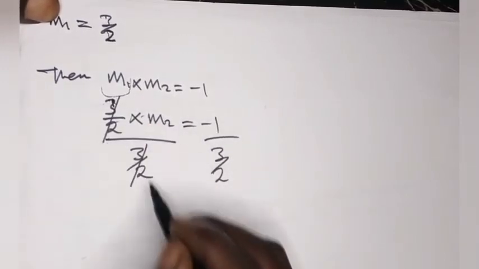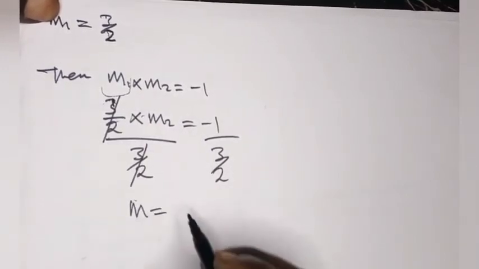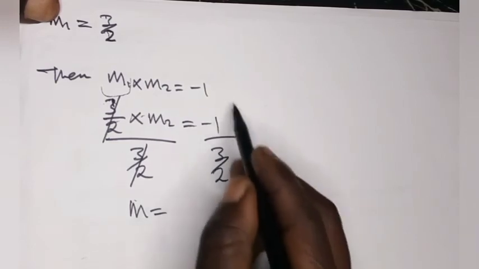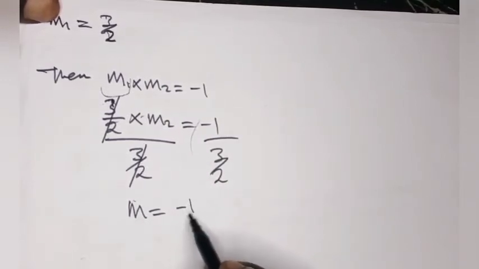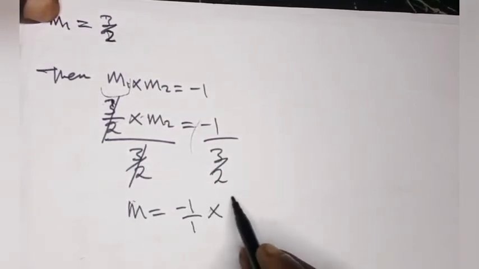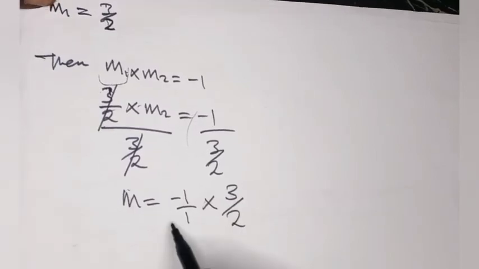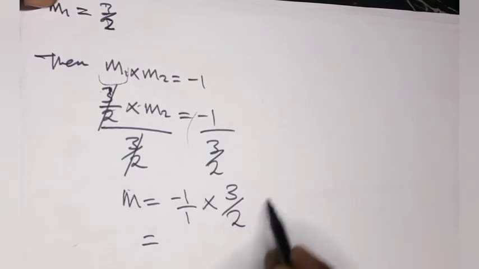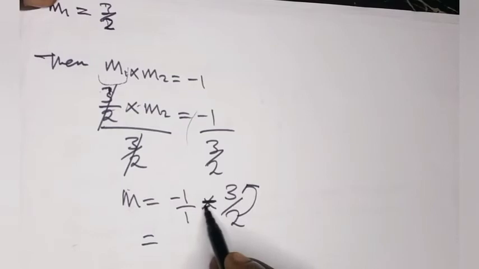divided by 3 over 2, to make M2 the subject of the formula. So M2 equals negative 1 over 1 times the 3 over 2. The 2 will go up because it's times, so there is division.